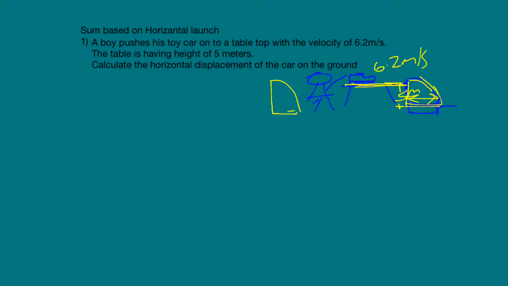If we know the time, then we can calculate the distance. Speed equals distance upon time, so distance equals speed into time. We can use this formula. So first we will find out time, and after getting time, we can calculate the distance easily.